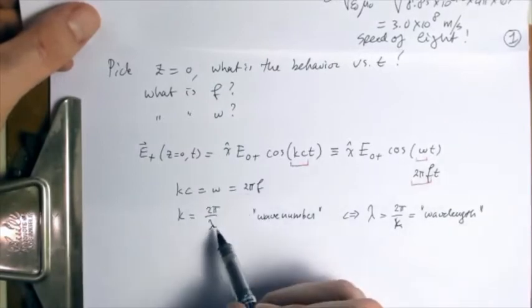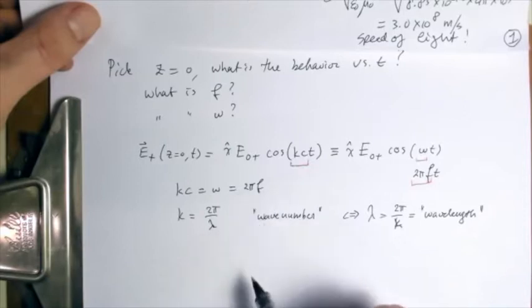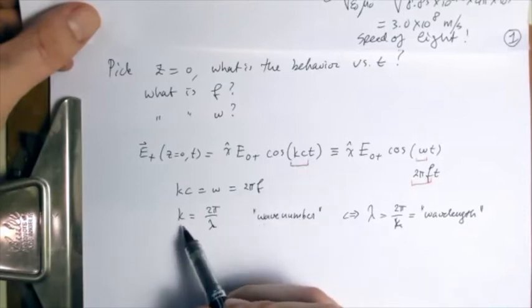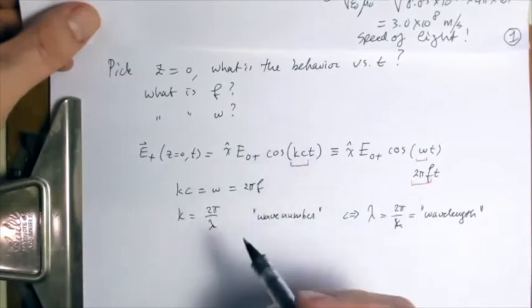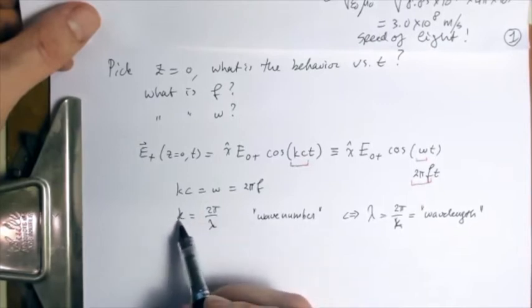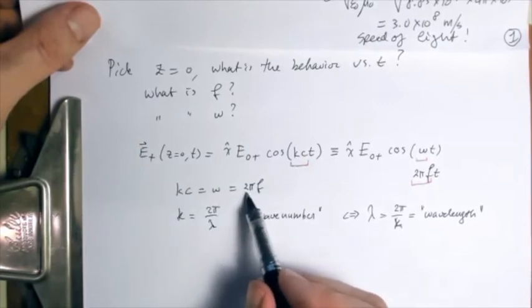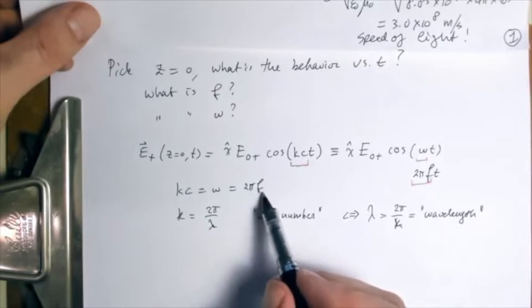And finally, we can combine this with this, and we'll get the usual relation: k times c is equal to 2 pi f.